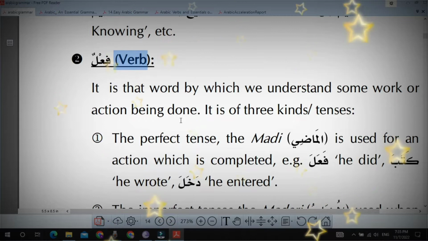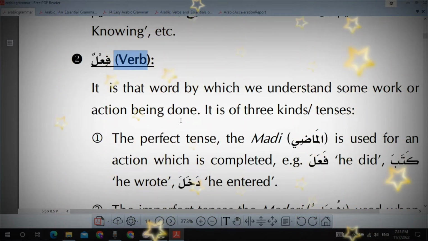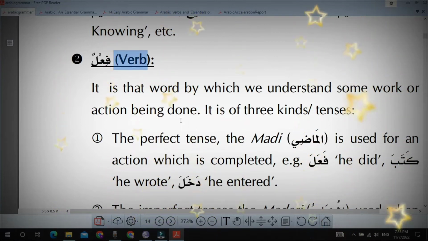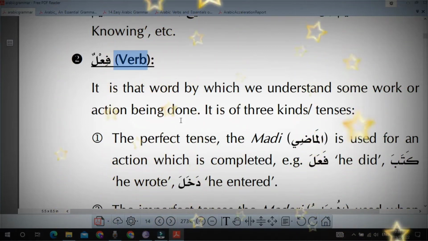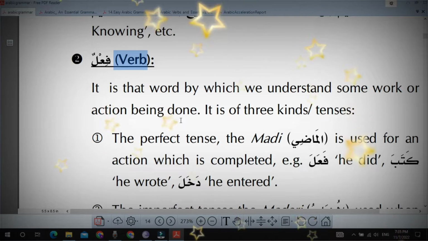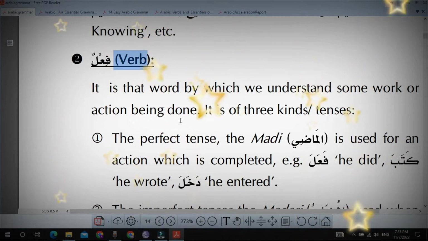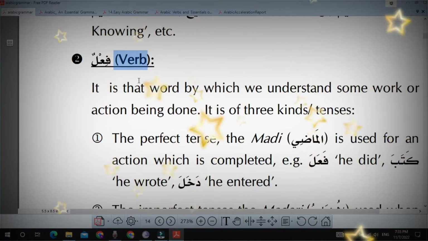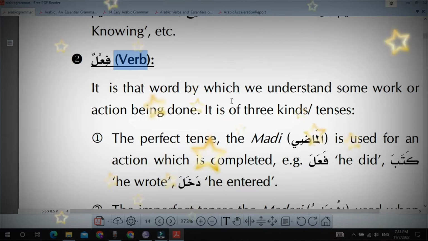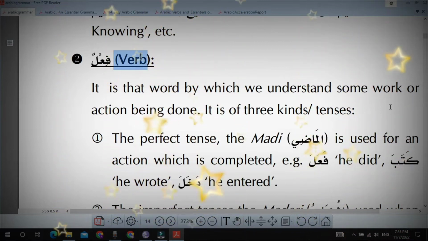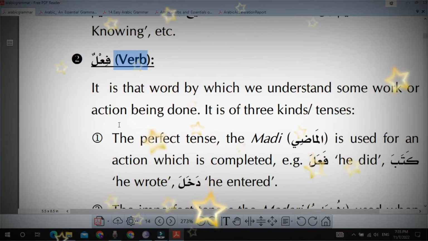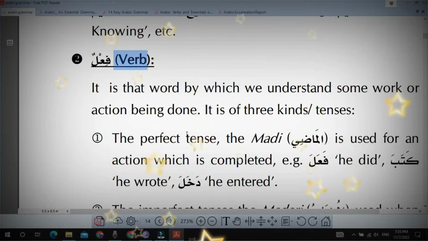You know well that in English the verb is the action done by any person or the action about any person. This is called verb in English. Same like in Arabic fi'lun. Fi'l is actually the word by which we understand some work or action being done.